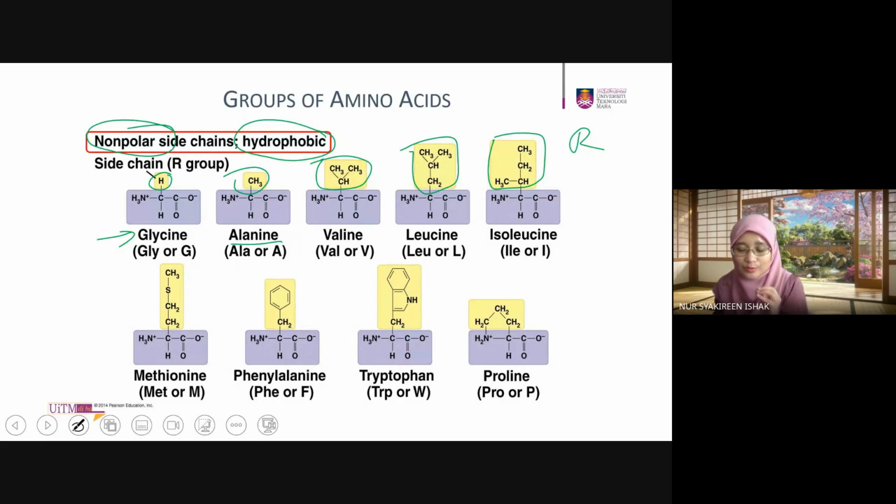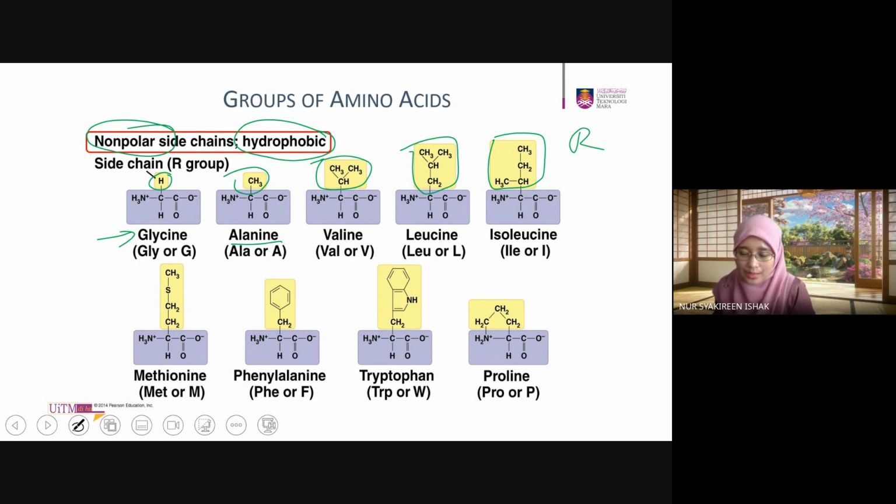But the thing that you have to take note of is that when a structure of an amino acid is given in a question, you are able to identify, oh, this is a type of amino acid that is hydrophobic because it has hydrocarbons. Hydrophobic means that it will not be attracted to water molecules.